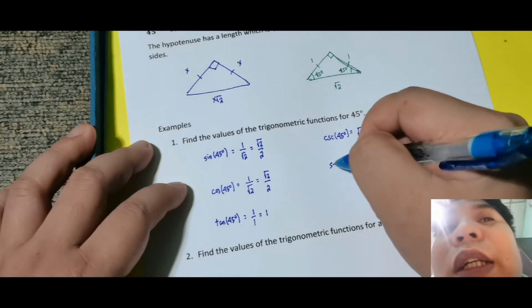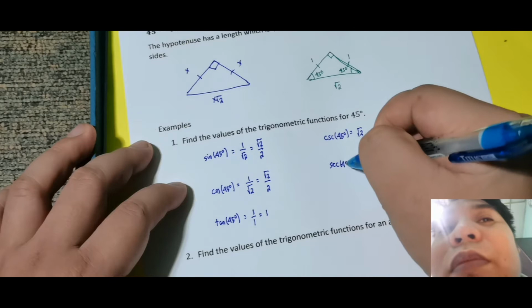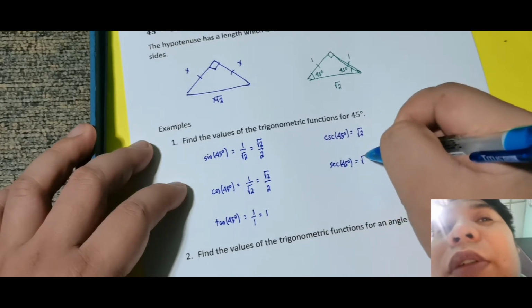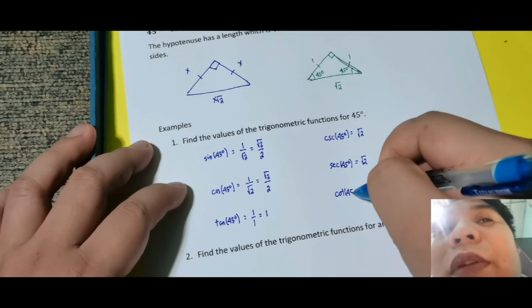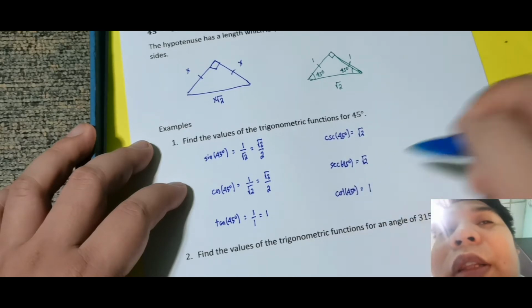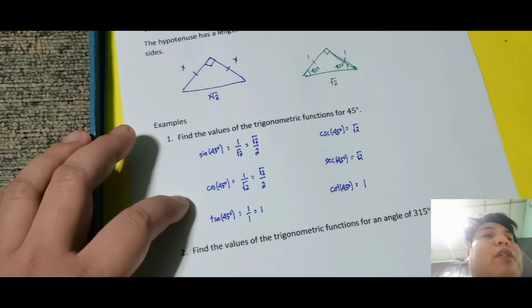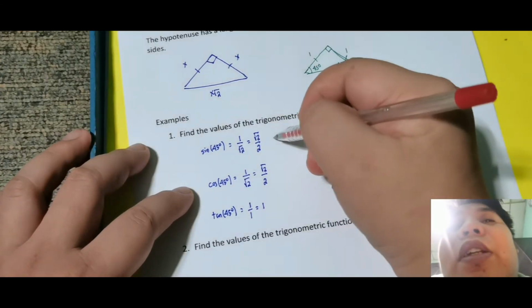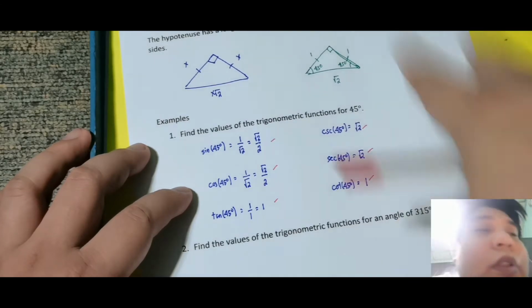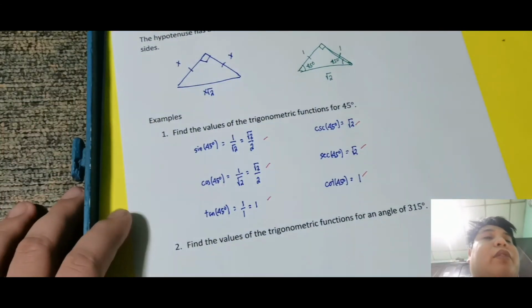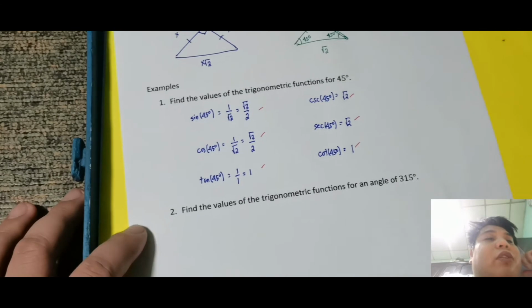Next, what is secant 45 degrees? Simply that is also square root of 2. And also cotangent of 45 degrees, that is 1. Kasi wala din naman tayo magagawa dyan. Okay, so therefore the values of the trigonometric function for 45 degrees are listed below. Okay, so ganun siya kasimple.